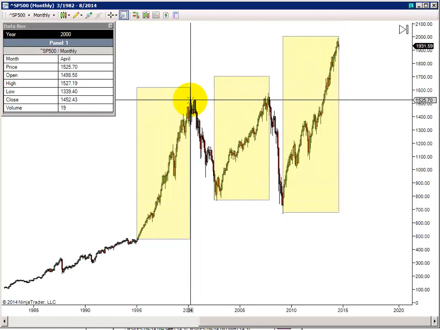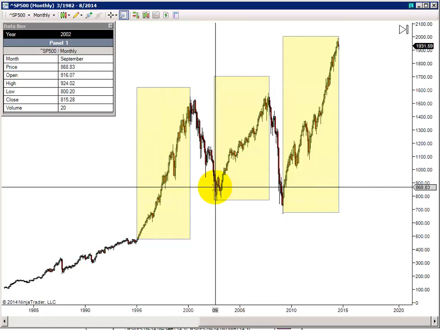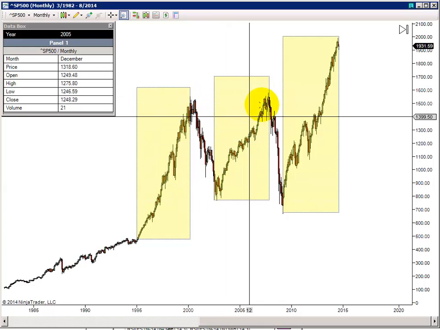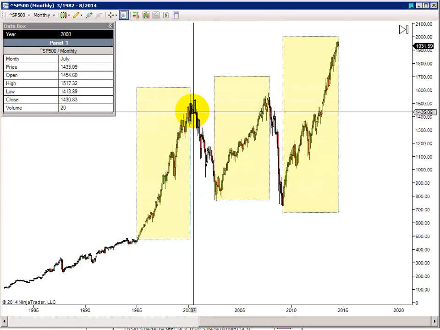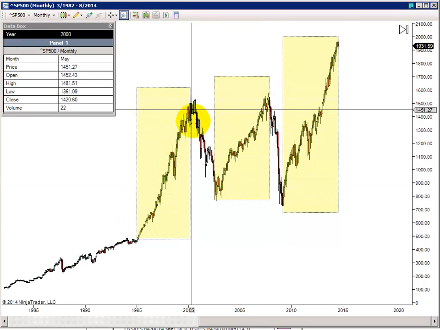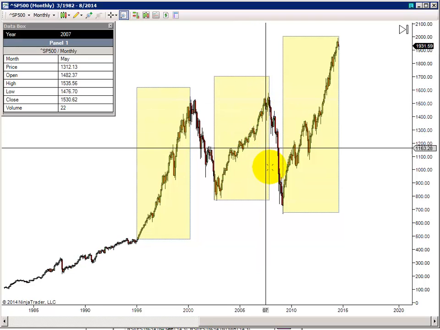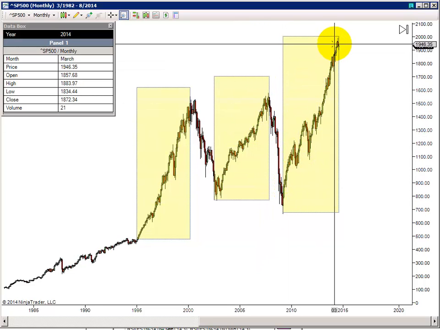What's interesting is you see here the market corrected for 2 years, and it did the same thing again, 2 years down. So the cycle is 5 years up, 2 years down, 5 years up, 2 years down. We are now at that 5-year cycle up.